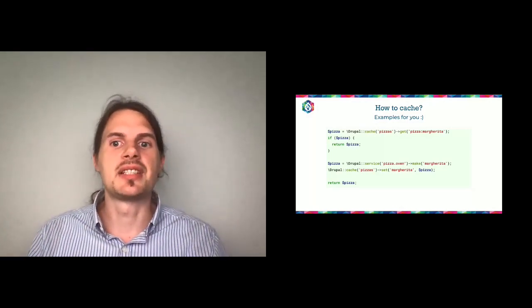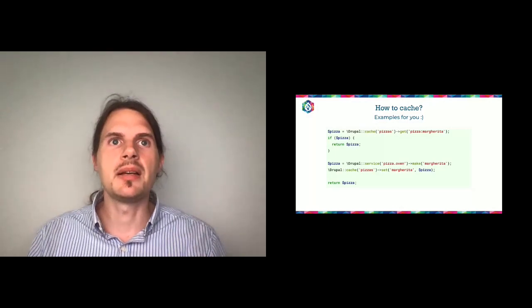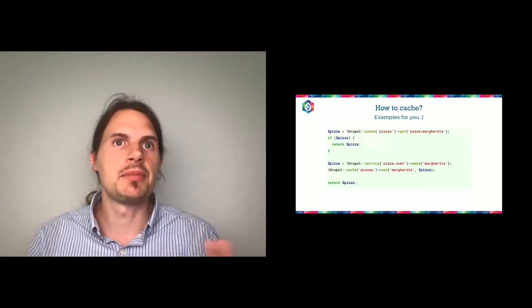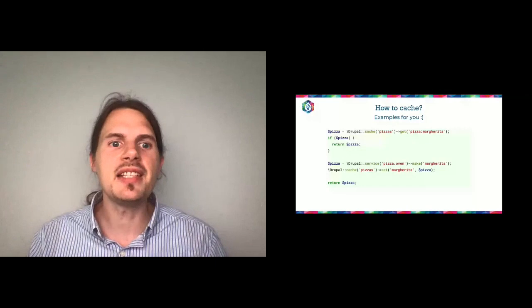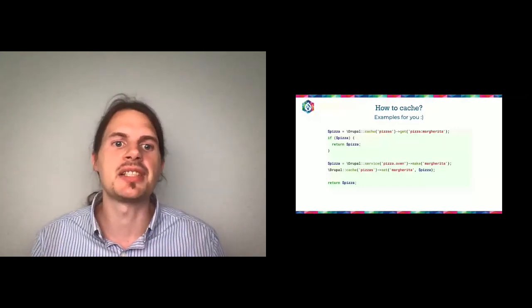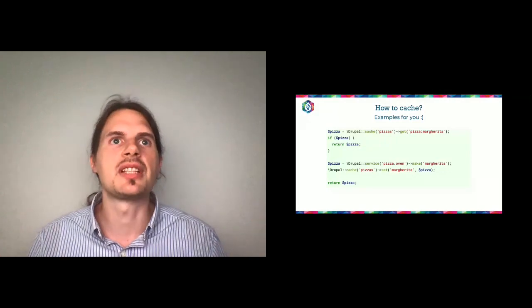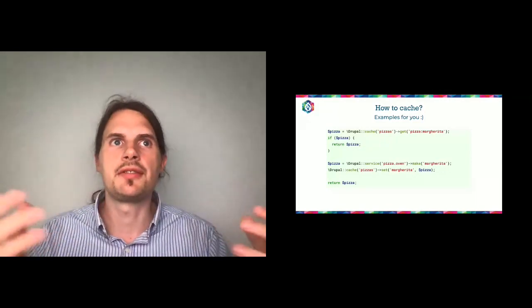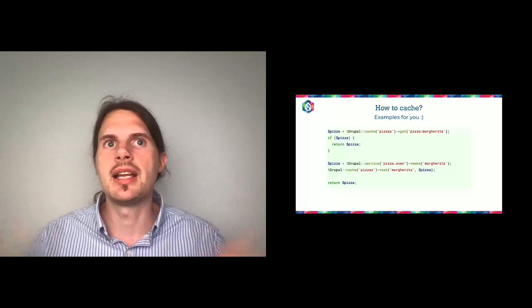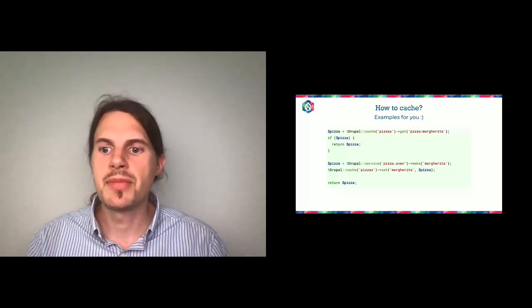And afterwards we set the margherita. So this basically is a basic caching example. The caching example you need to understand. You get something. If you have something, you return it, and if not, you recreate it.